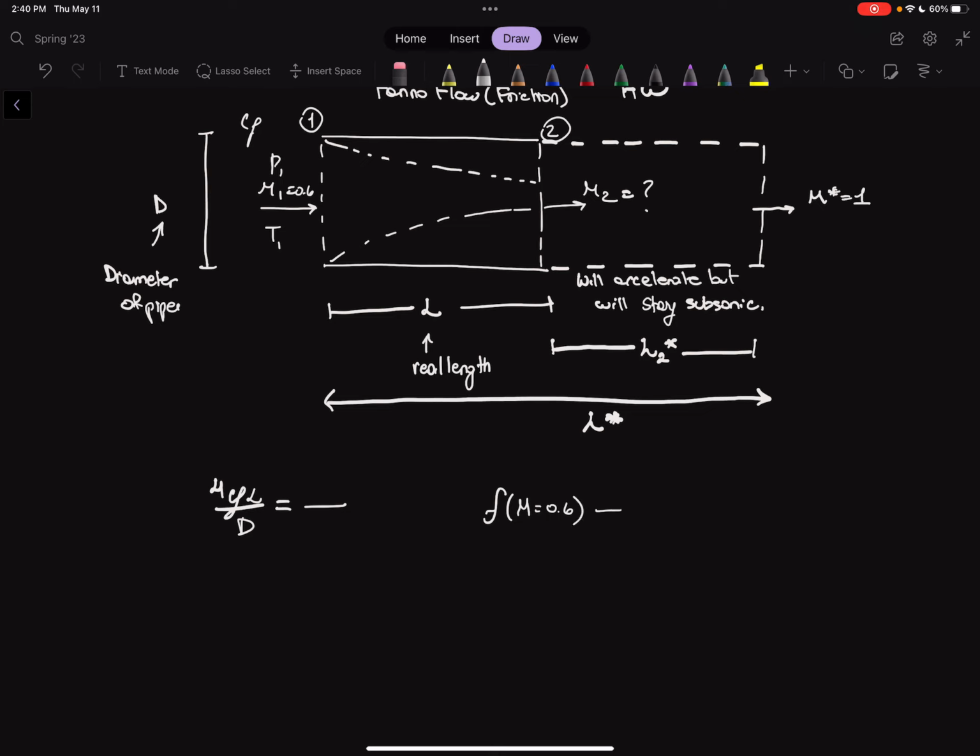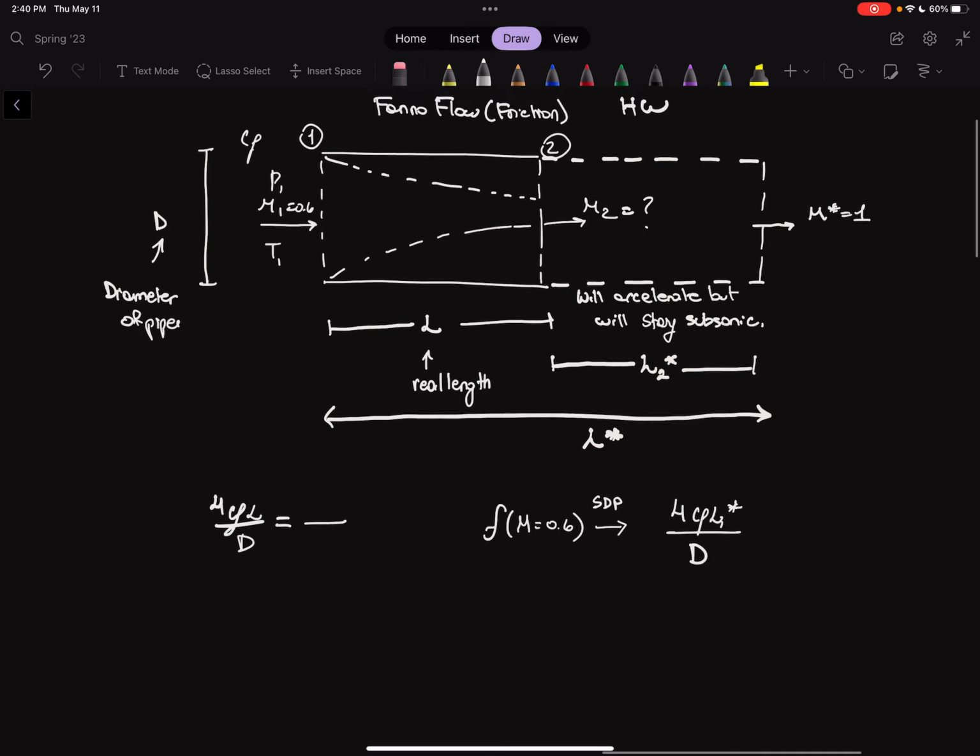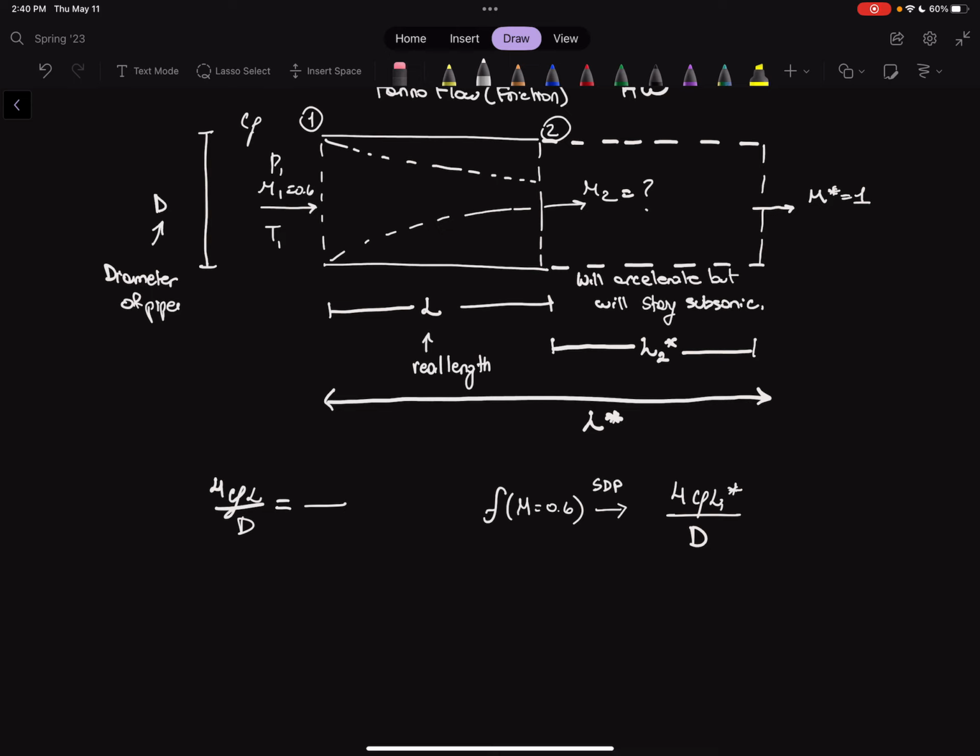So at M1 equals 0.6 for CF L1 star over D equals... Sorry, not isentropic, Fanno. Here. 0.6. 4 CF L star over D is 0.4908.